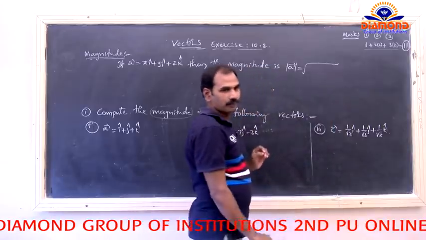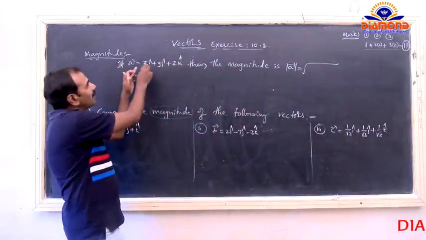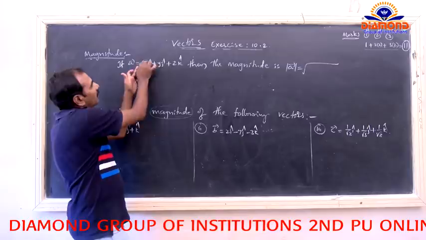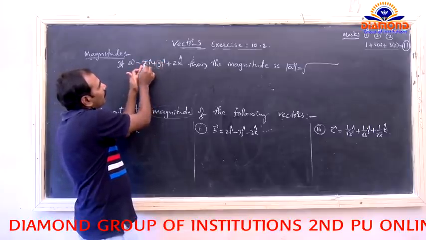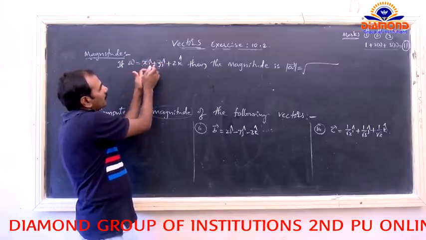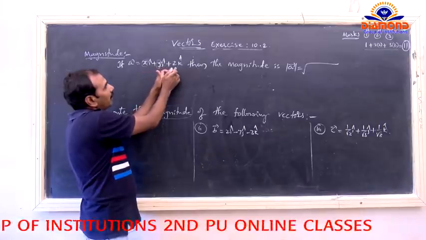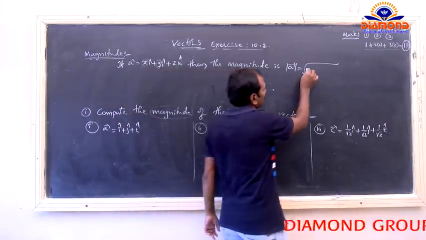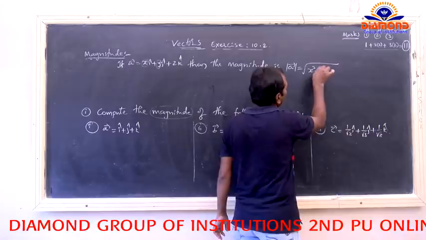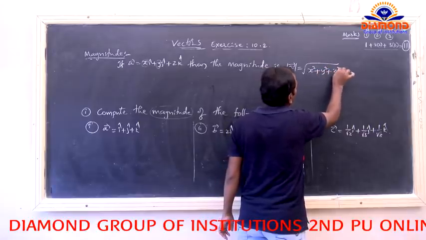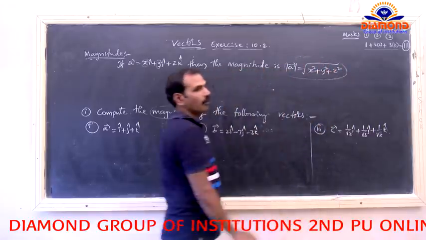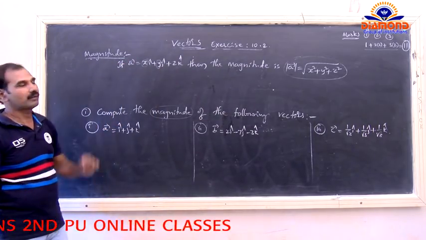Square root of the sum of the squares of the i component, j component and k component. It means square root of x square plus y square plus z square. This is the magnitude of the vector.